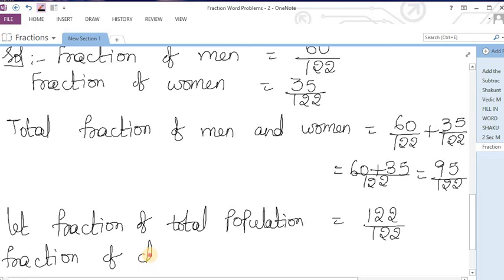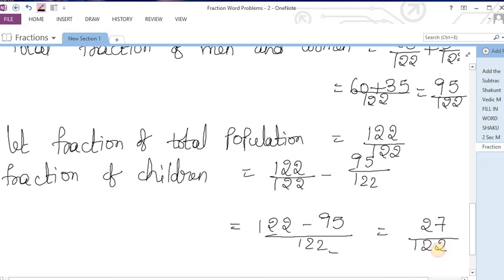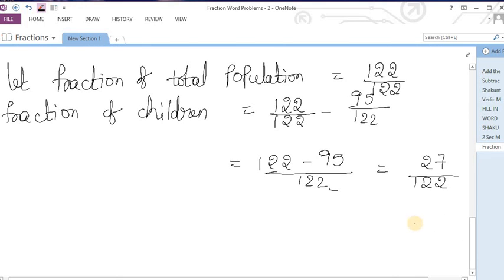We got the total population, and how can you find out the remaining one? Yes, subtraction. When the denominators are the same, simply subtract the numerators. So 122 minus 95 by 122 is equal to 27 by 122. Now you got the fraction of men, women and children.